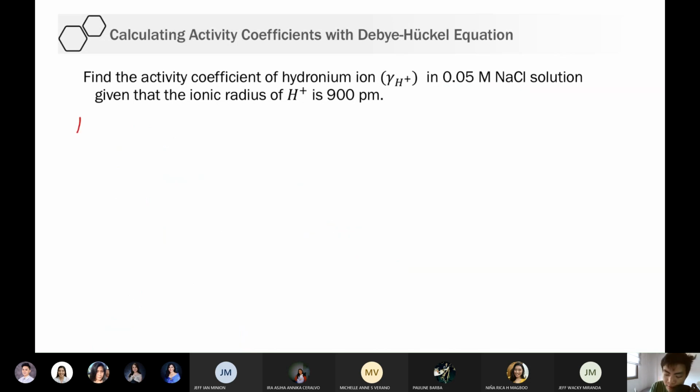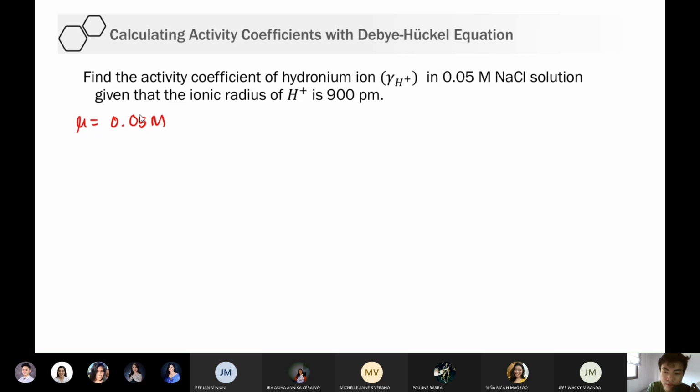So let me write it here. Since we are able to solve for mu, we can now solve for gamma, the activity coefficient, using the Debye-Hückel equation. We will not be able to use the Debye-Hückel limiting law because the ionic strength is greater than 0.01. We have 0.05, so we will not use the limiting law.